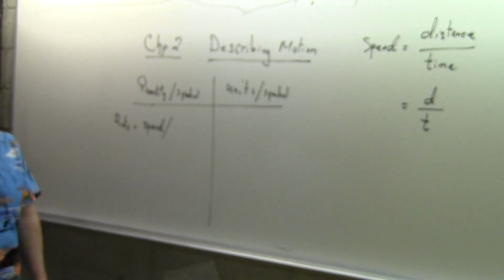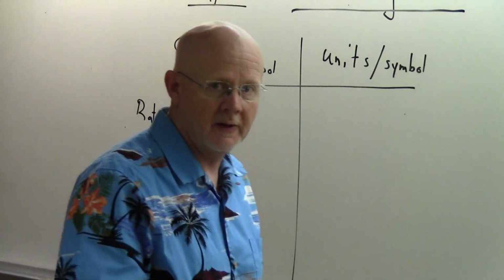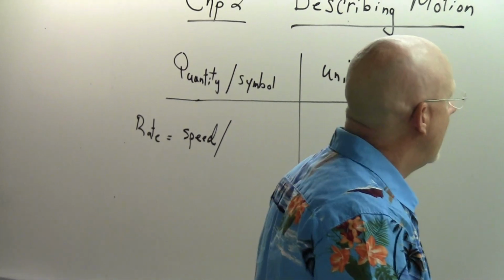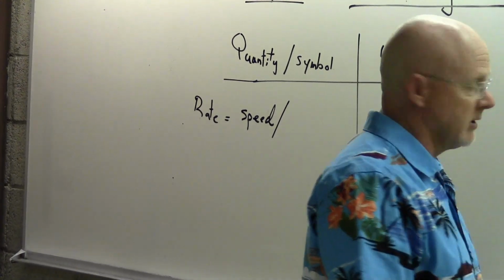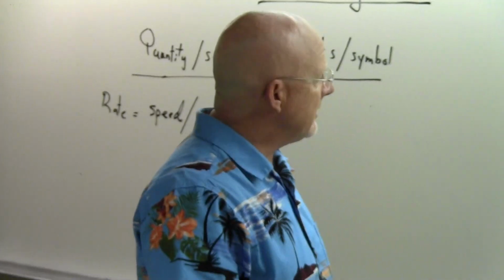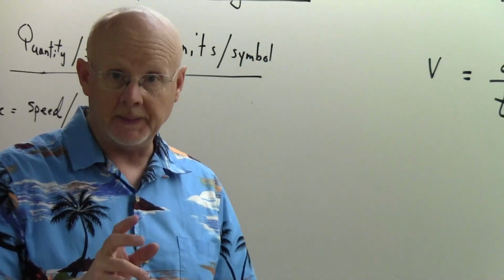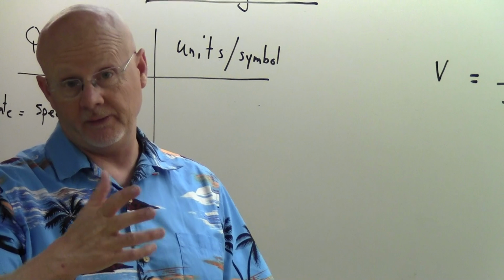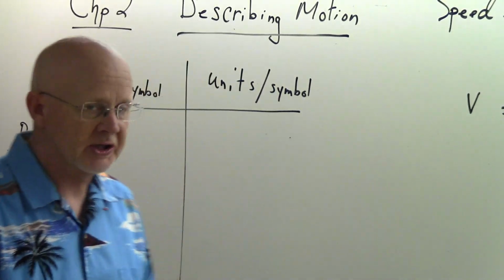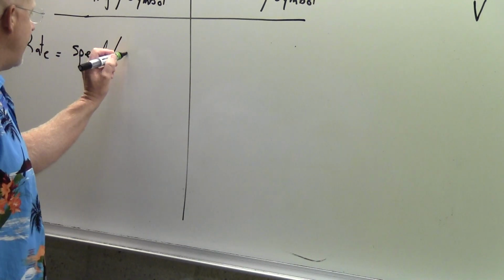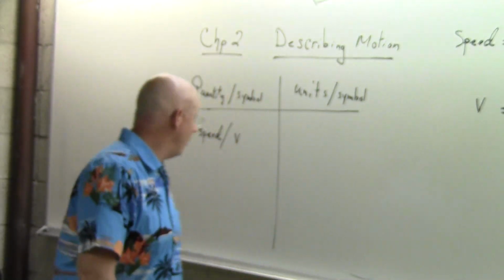We need a symbol for this speed. Now, this will be more obvious as we move along, but let's just use the symbol V, which is more standing for velocity. And so more on that in just a second. But if you'll go ahead and let me use the lowercase v for speed and also for velocity.